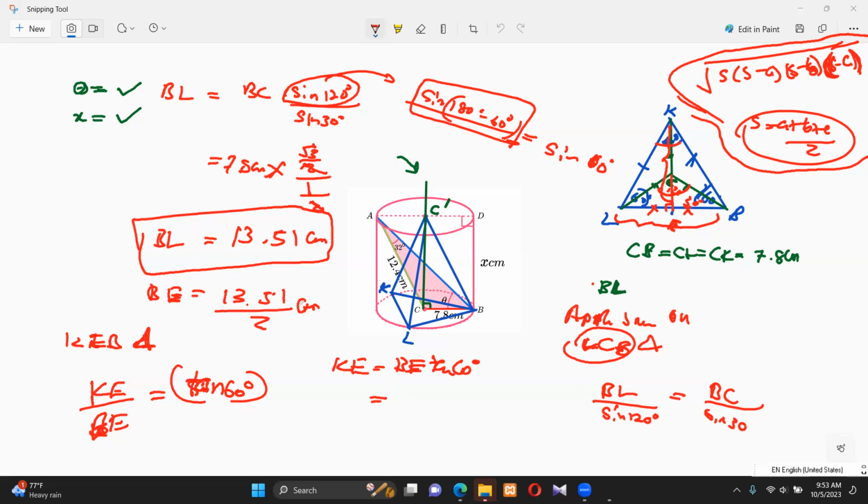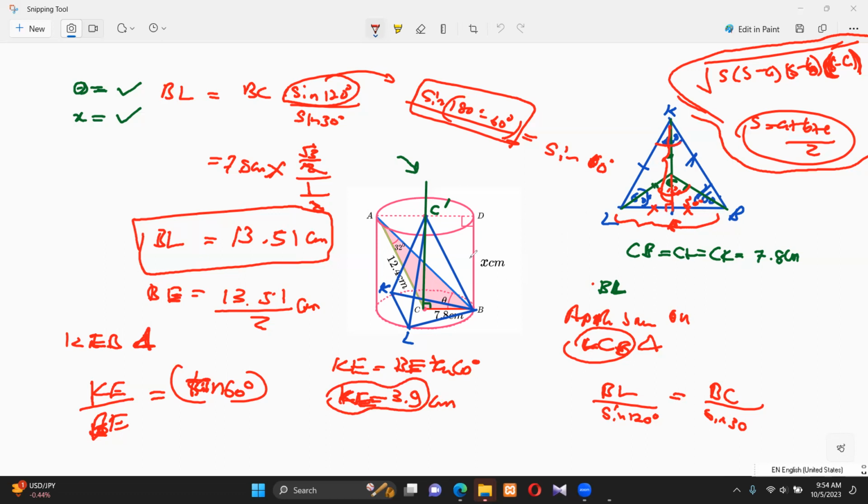It is 13.51 over 2, then times tan 60 degrees, which is just the square root of 3. Please compute it a couple of times in case I have made any mistake. It becomes 3.9. KE equals 3.9, so the perpendicular height is 3.9 centimeters.